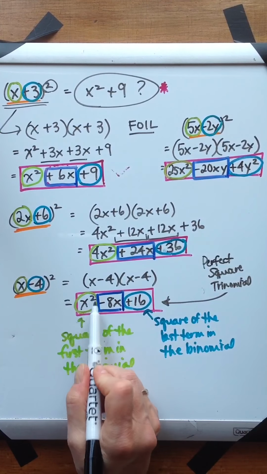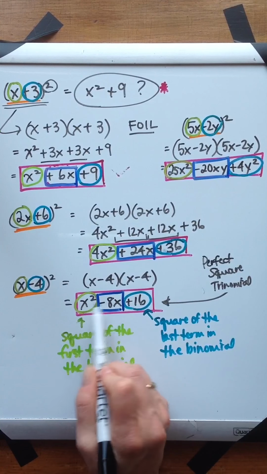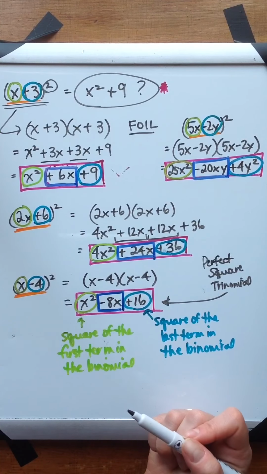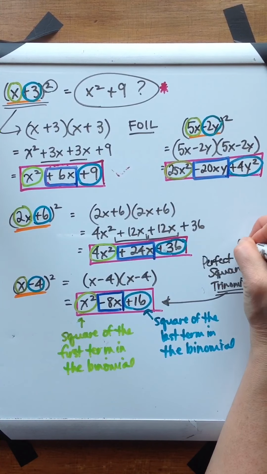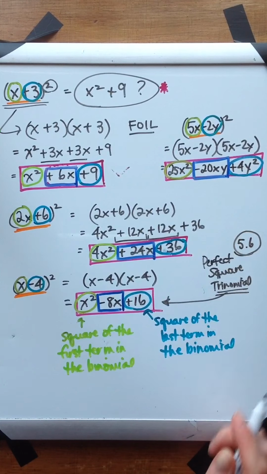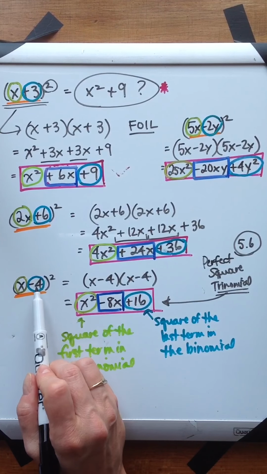Perfect square trinomial because this has a square root, and this has a square root, and this is connected through the roots of both of these. Okay? We need to hang on to that term because we're going to come back to it in lesson 5.6. Okay? So perfect square trinomial is always the result of a binomial times itself.